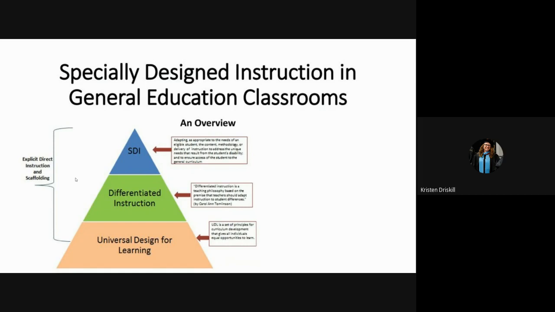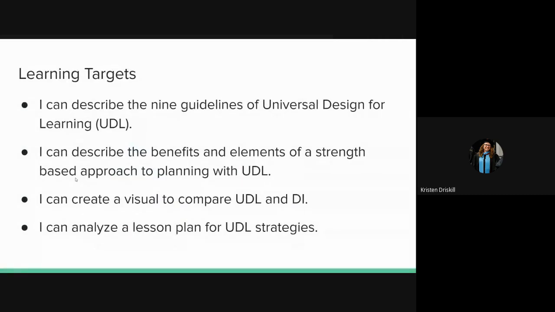So this is really adapting to the needs of specific individual students, adapting the content, the methodology, and the delivery of instruction to meet those specific needs related to the student's disability. And again, the whole purpose is to access the general education curriculum. I hope that makes sense to you, but it's like layers of intervention, if you think about it.